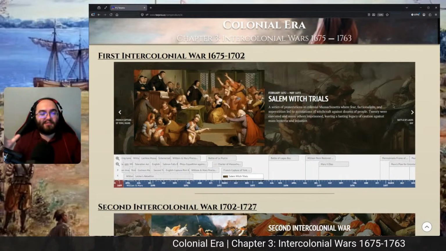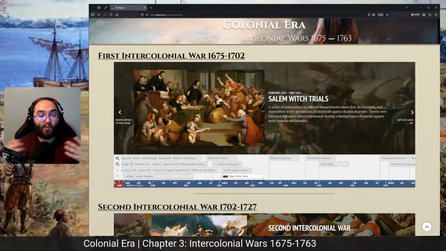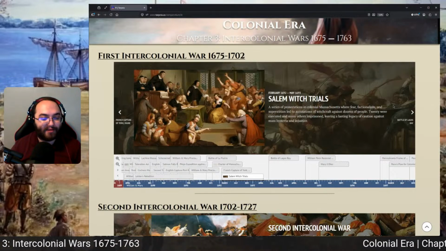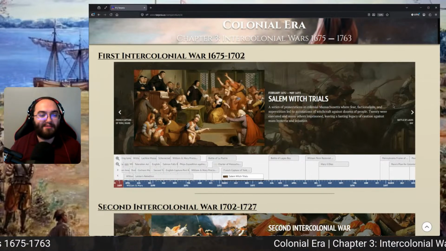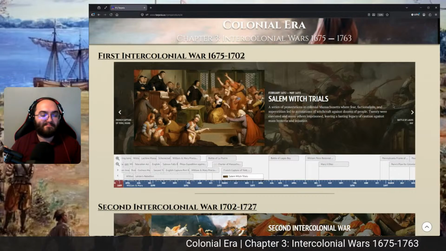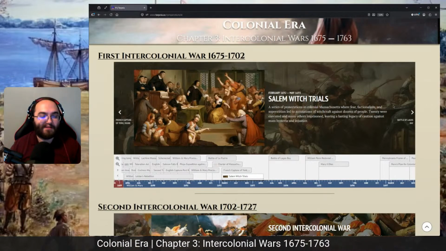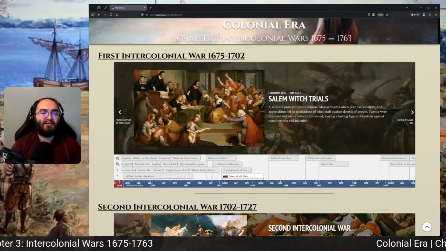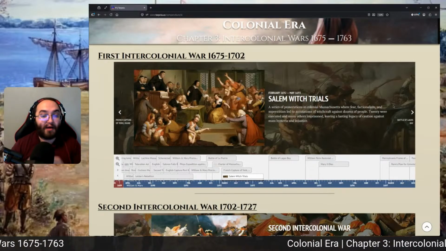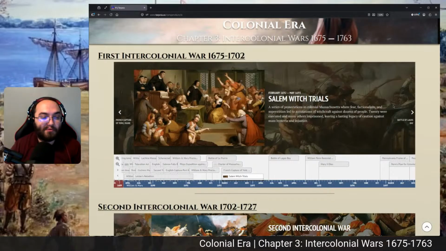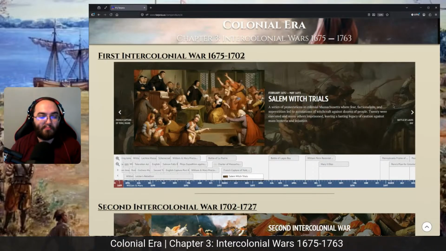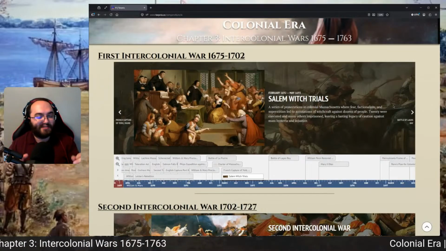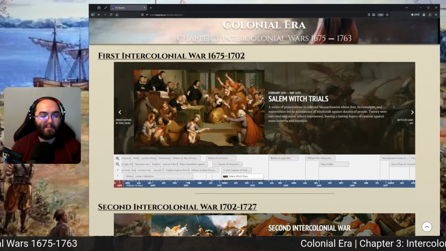Given everything else that's going on in the colonies, King William's War, colonial revolts against the authority of Parliament and the King over the Dominion of New England, and the establishment of the English Bill of Rights, and all these infinitely more important things, I think when people talk about the Salem witch trials without talking about the broader political environment, they're giving the Salem witch trials too much attention. The Salem witch trials are not the most important thing happening at this time.